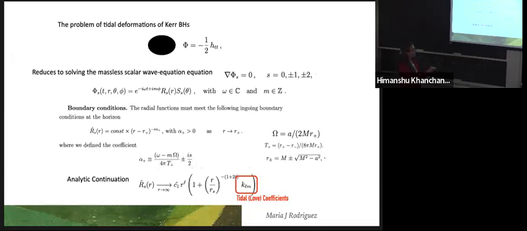Because the solutions asymptotically behave with some increasing modes and some decreasing modes in r, the ones accompanying the decreasing part of these equations will be the tidal coefficients, or Love numbers.